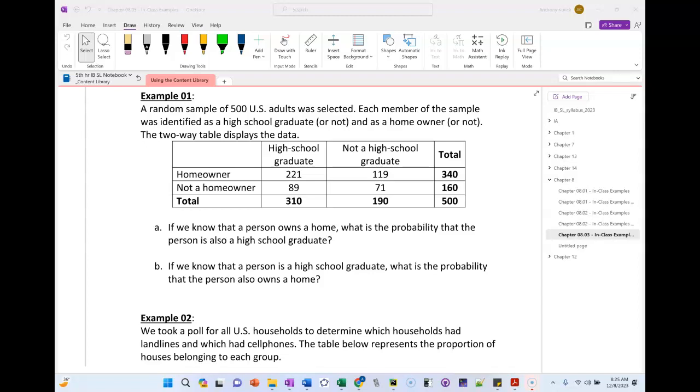1A is Elise. You want like a percentage?